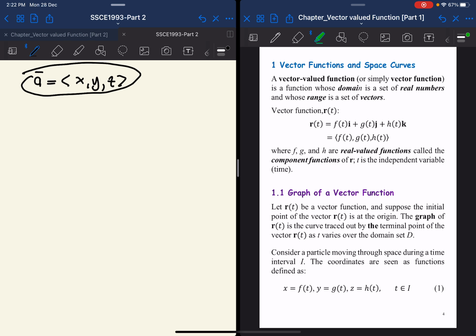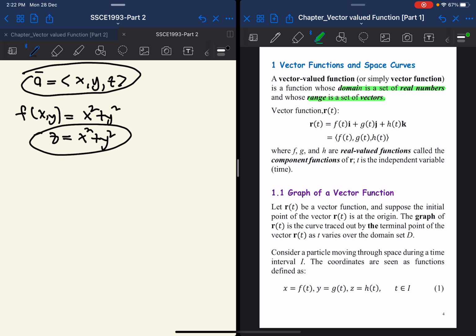So let's take a look at the definition of a vector function. It is a function whose domain is a set of real numbers and whose range is a set of vectors. Previously you learned about domain and range in the first chapter. If you have a function of x, y equal to x squared plus y squared, we can write z equal to x squared plus y squared.